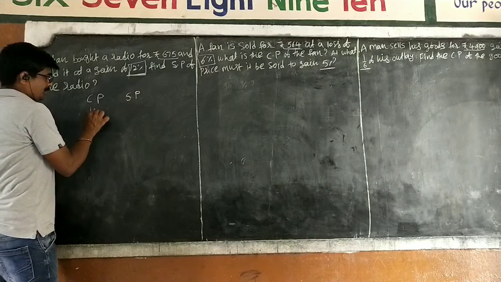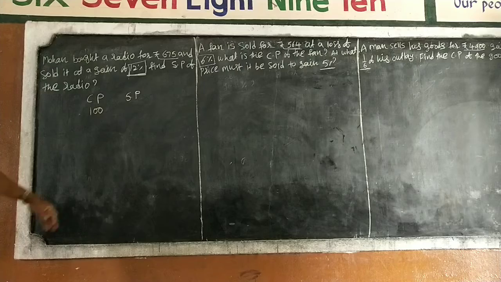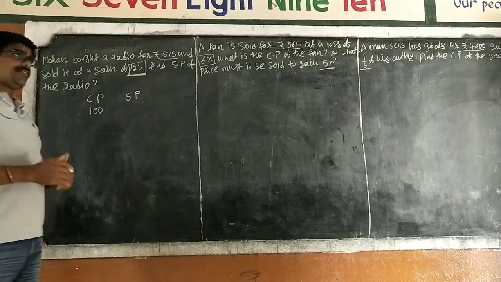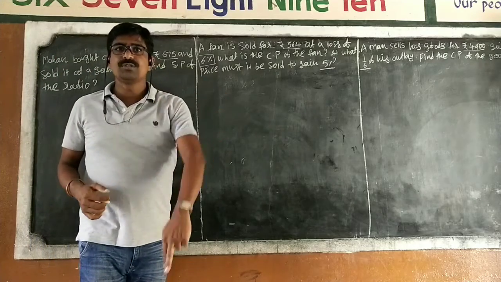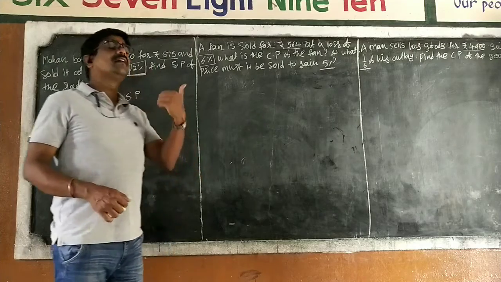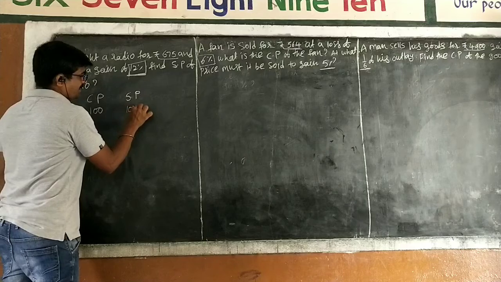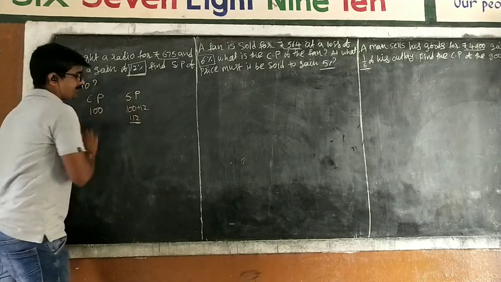For the selling price, with a 12% gain, you should add. Loss means subtraction, gain means addition. So 100 plus 12 is equal to 112.